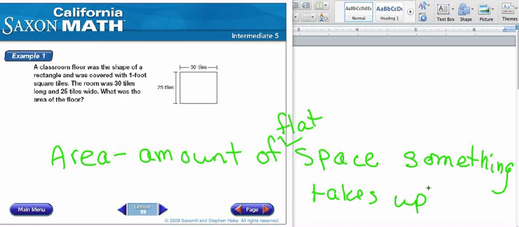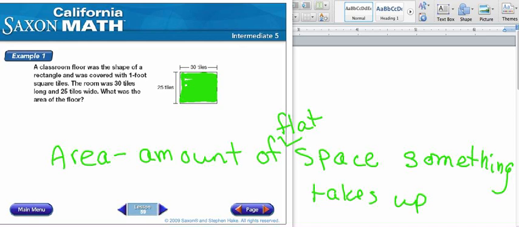For example, we measure the size of houses in area. We measure the size of a room in area. And what we are measuring is all of this. Not just the outside, but we are measuring how much space something takes up.